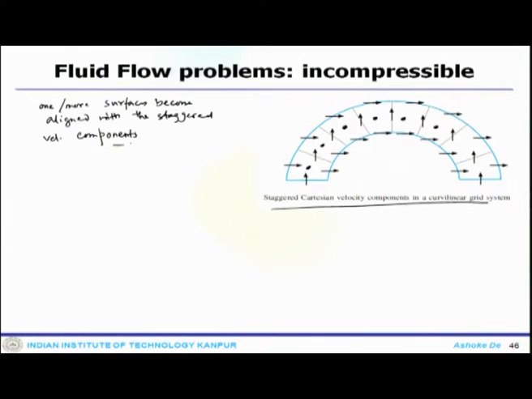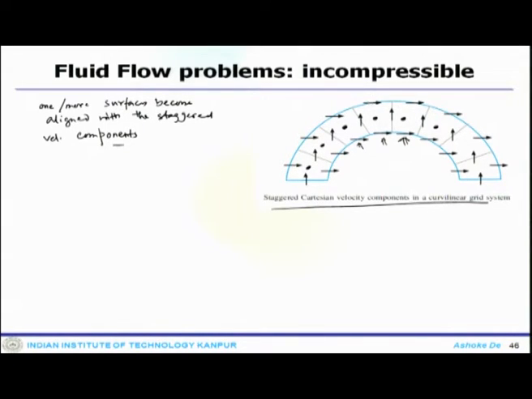So, as you can see, when you come down to elements like this one and this one, here if you see this particular face component of the velocity, the U component, pretty much it is aligned with the geometric alignment.